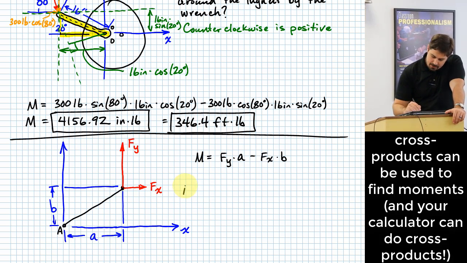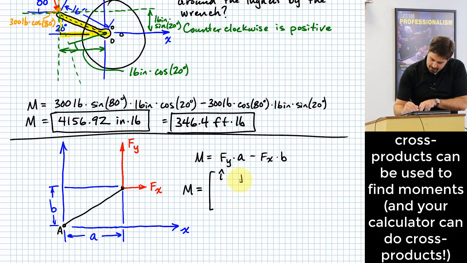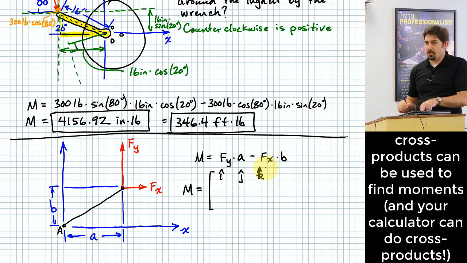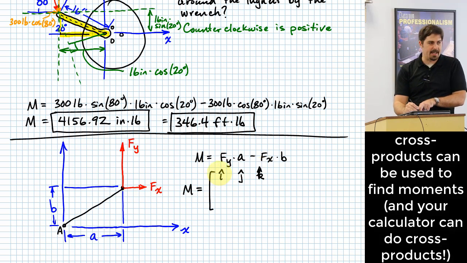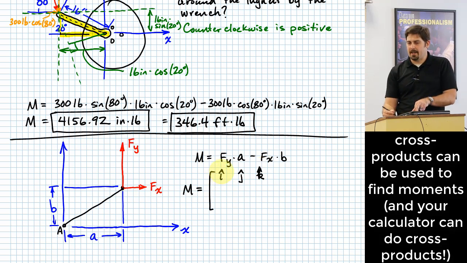A moment is really a determinant of i, j, k. What are these i, j, and k? Those are called unit vectors. They are vectors of length 1 that point in the x, y, and z direction respectively. So i points in the x, j points in the y, and k points in the z.